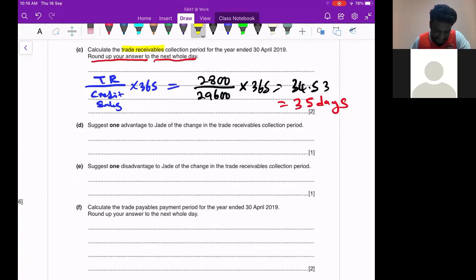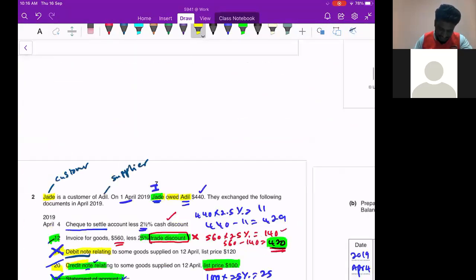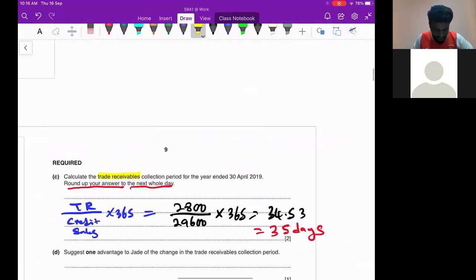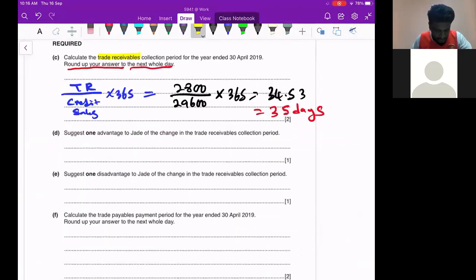Suggest one advantage to Jade of the change of the trade receivable collection period. Wait, who is Jade? Jade is the customer. So Jade will get what? What is the advantage for Jade?